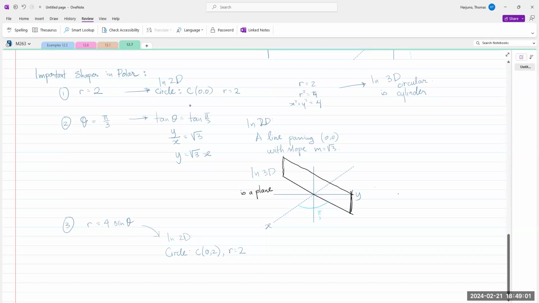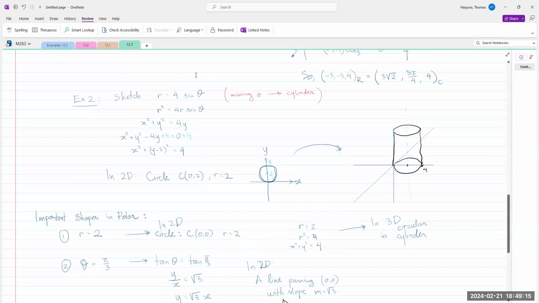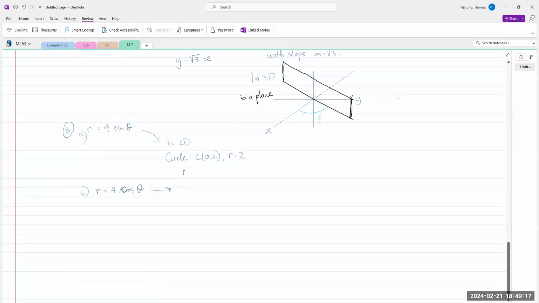How about if we have 4 cosine theta? You try to play with it the way I did here. That will be in 2D a circle centered at (2, 0) with radius 2.